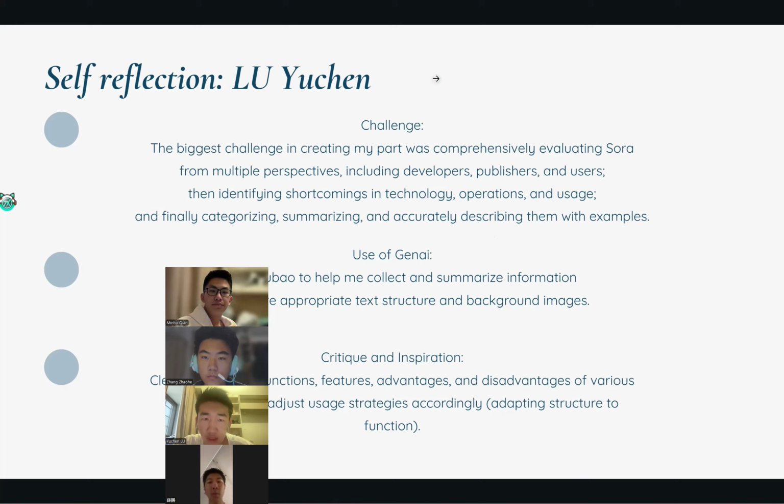Use of GenAI: I used Doubao to help me collect and summarize information and generate appropriate text structure and background images. Critique and inspiration: clearly define the functions, features, advantages, and disadvantages of various GenAI tools, and adjust strategy accordingly.